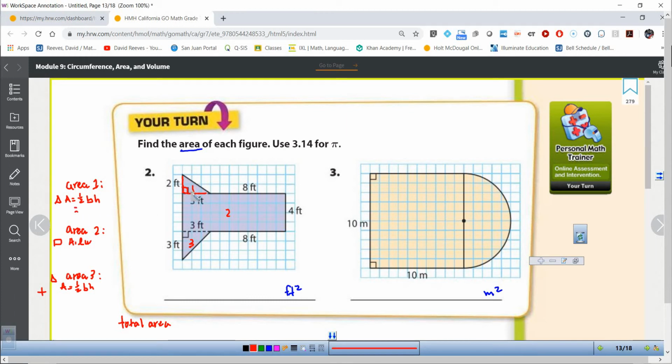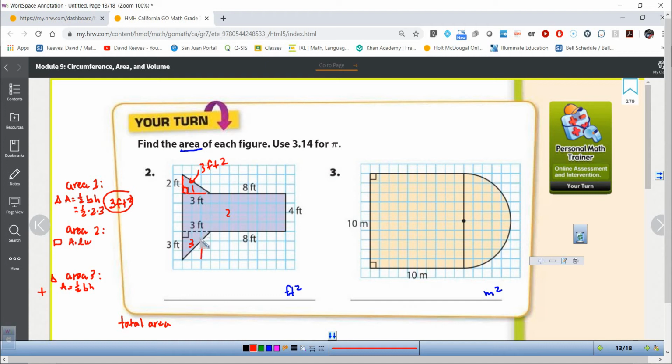So the area of that triangle is going to be 1/2 times 2 times 3. All right, so ladies and gentlemen, 2 times 3 is 6, and 1/2 of 6 is 3, right? So the area for this first triangle is 3, and the units would be 3 square feet. So 3 square feet is the area of that triangle right there.